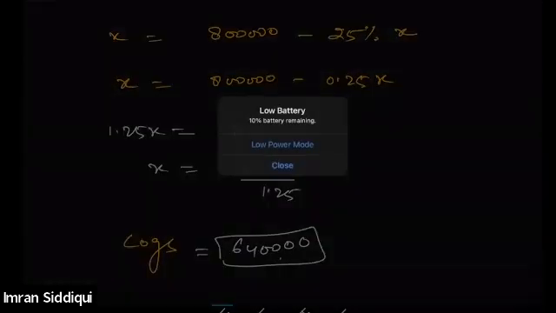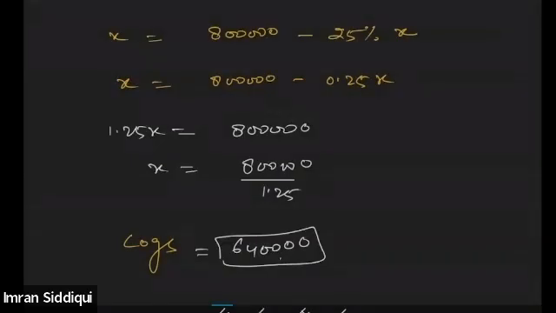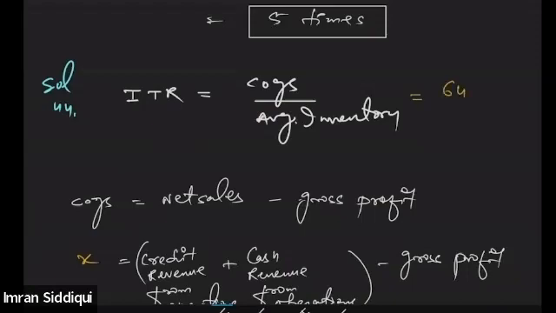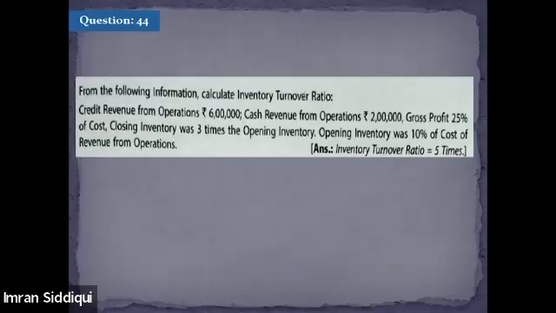So if it is clear, you got the value of COGS. Now we can put this value here, 6,40,000. And to find out the value of the average inventory, it says in the question that closing inventory was 3 times of opening inventory. And what about opening inventory? It says opening inventory was 10% of cost of revenue from operation.